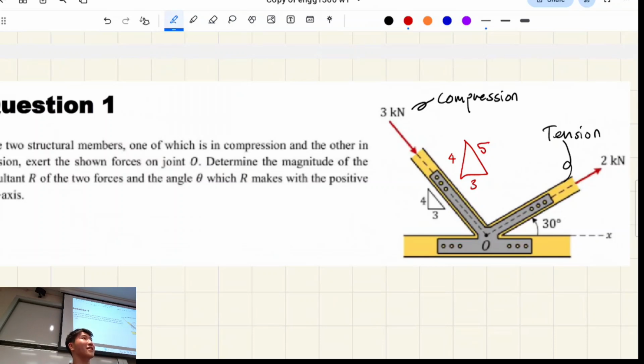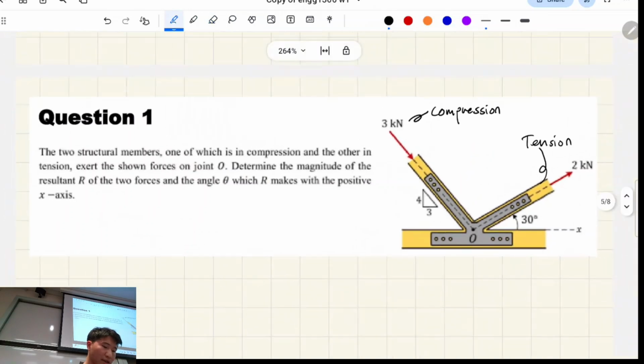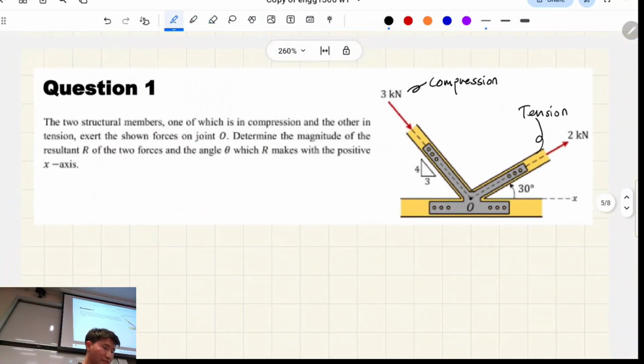You'll see in my working out that you don't really need to use sine and cos here. If you want the horizontal component, you can just use the horizontal part divided by the hypotenuse, and that gives the same thing as sine of this angle, right?